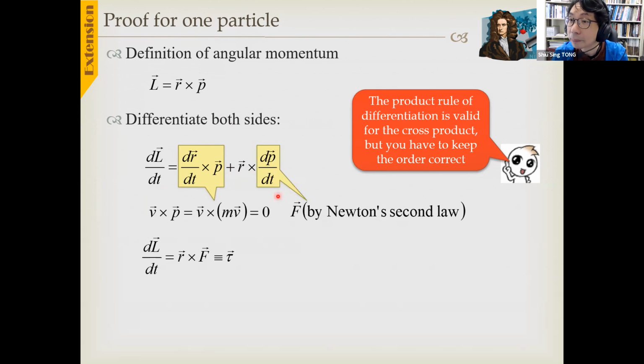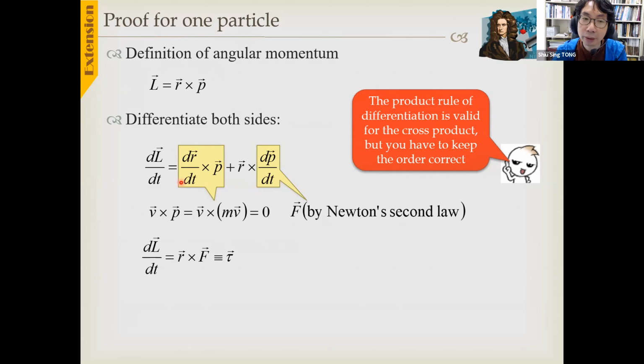That is the product rule, right? But in applying the product rule to a cross product, we must be careful not to reverse the order of the two vectors. Otherwise, there will be a minus sign introduced into that equation. So we have to keep the order of the two vectors unchanged. Okay, but that is simple.